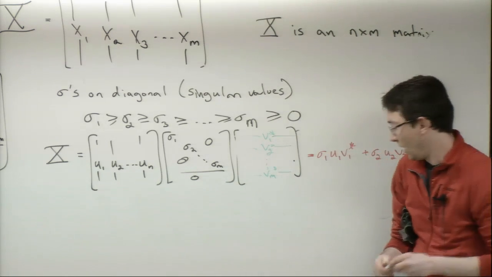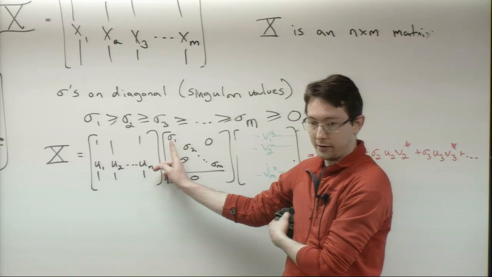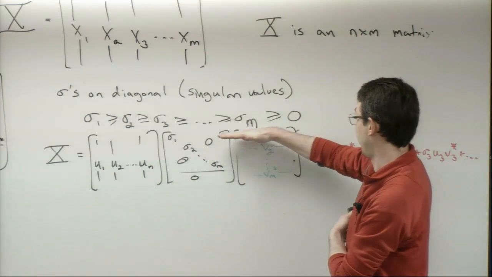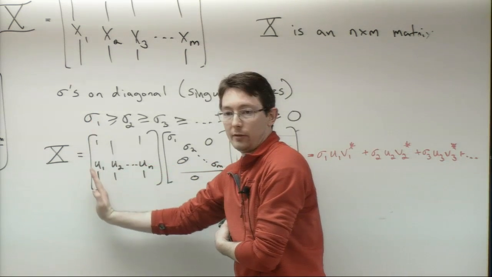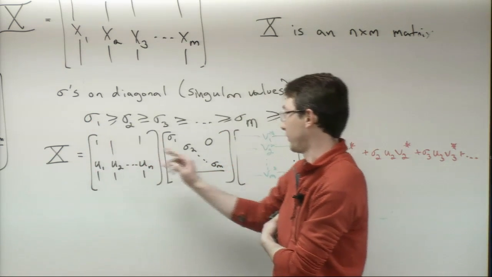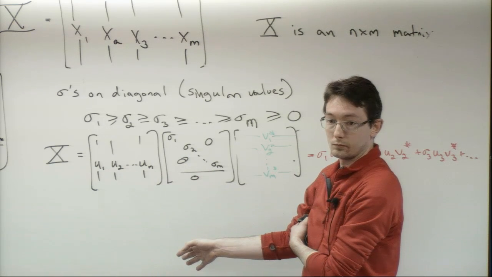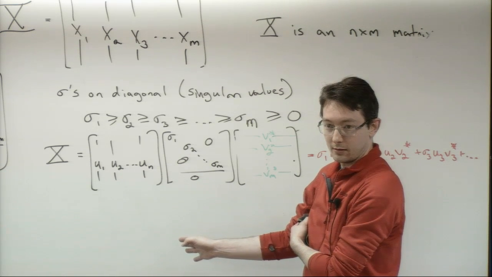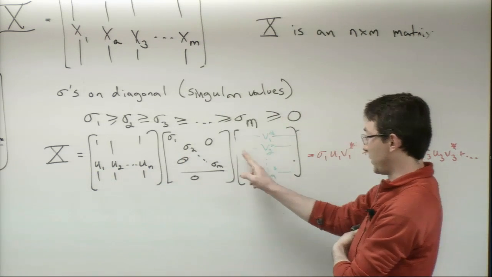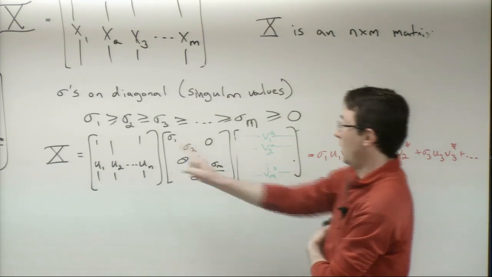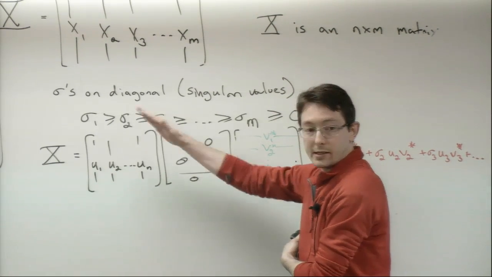And so what sigma 1 in the first diagonal does is it just pulls out the first row of V and the first column of U, and everything else is multiplied by zeros. Make sense? The second singular value only multiplies the second row of V and the second column of U, and so on and so forth.